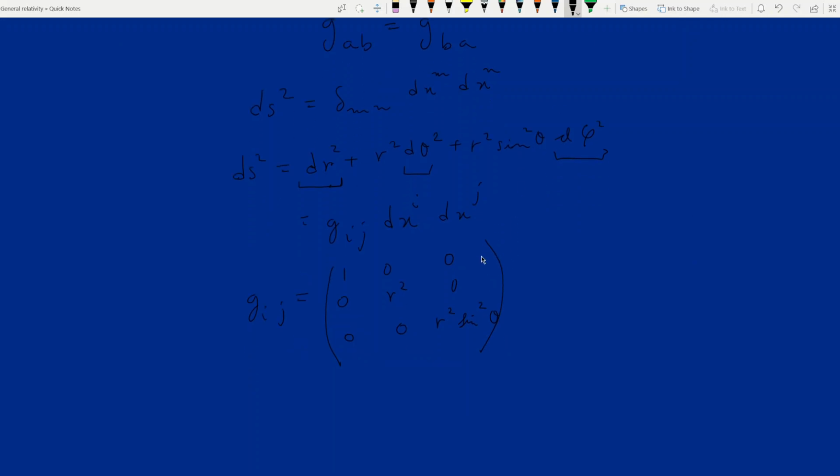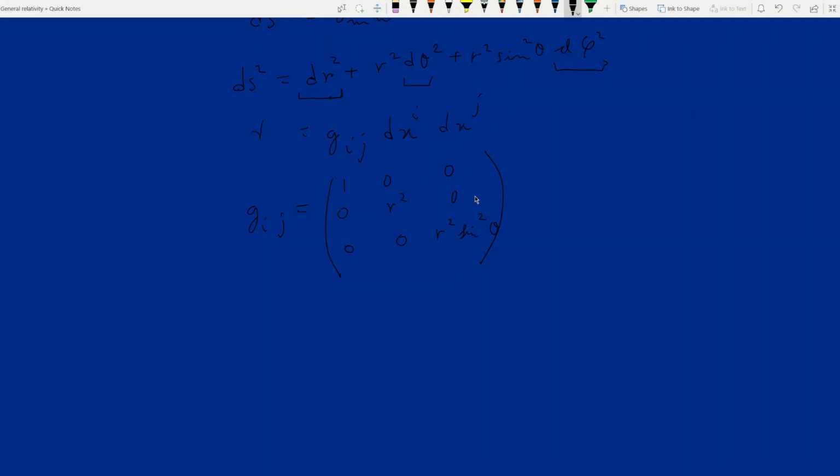Now why is that? Well, if we use this equation and break it down, this would become ds squared equals g11 dx1 squared plus g22 dx2 squared, and then we have g33 dx3 squared, right?